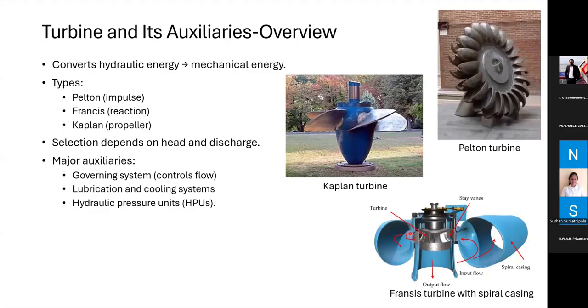Depending on the water required for the turbine, the angle of these wicket gates can be controlled externally, and they can go from the stop position to the fully open position.